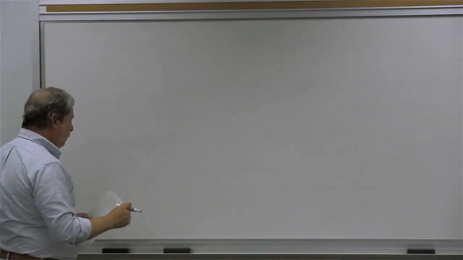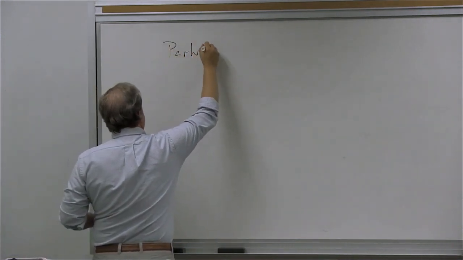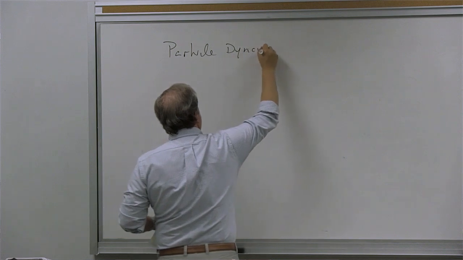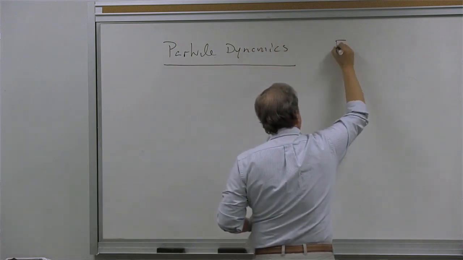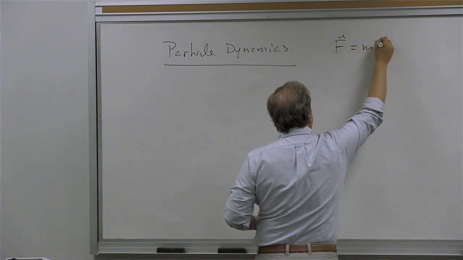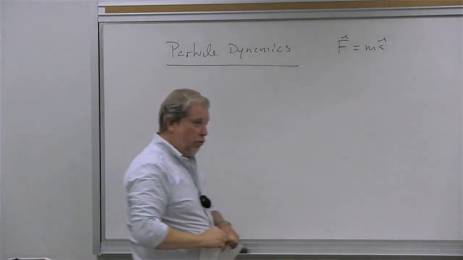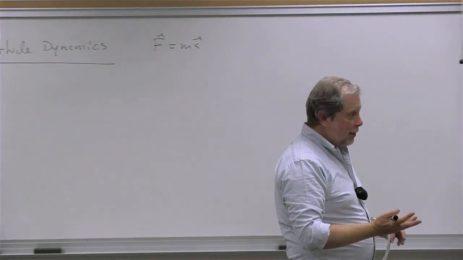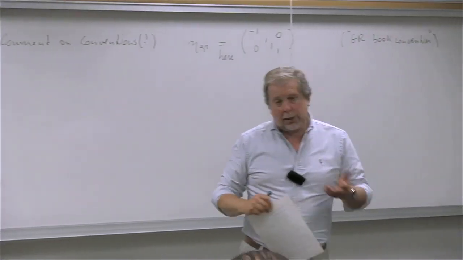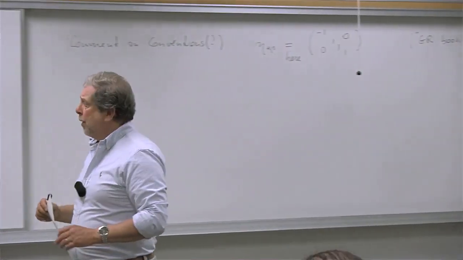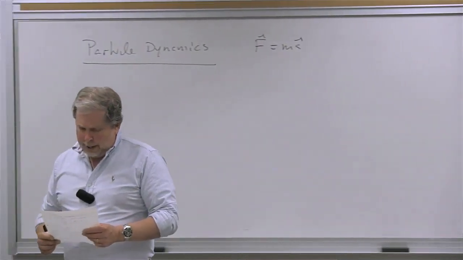So the next thing I want to talk about is particle dynamics. Well, of course, in the good old days, this used to be F equals ma. Before the advent of special relativity, you would just write down Newton's equation, and you would know exactly what the two sides mean, because given a mass, the a is just the acceleration, the second derivative of the coordinate with respect to time, and the force is some given force.